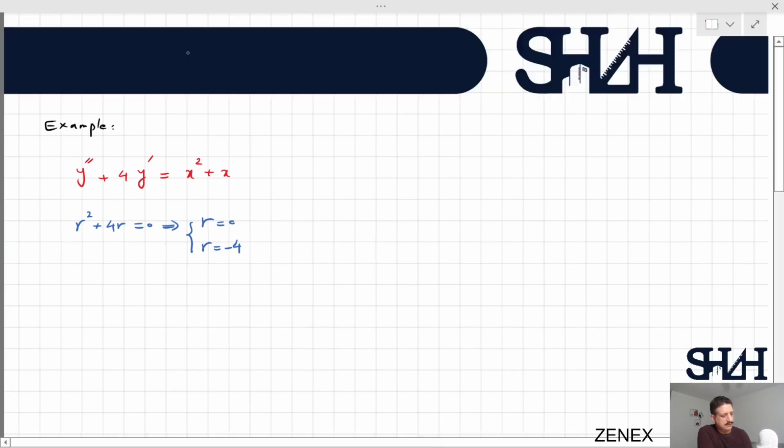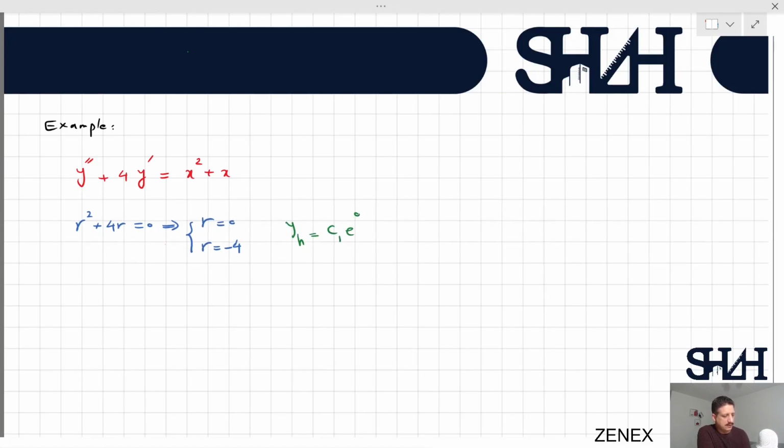As a result, homogeneous solution will be c1 e to the power of 0x plus c2 e to the power of minus 4x, which will be c1 plus c2 e^(-4x). And here, 0 is a root of the characteristic equation only once.